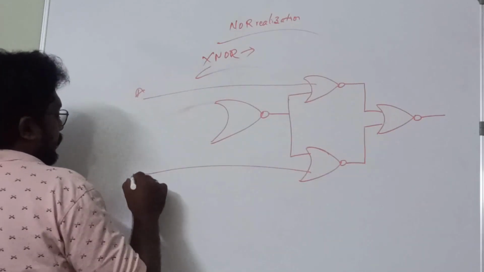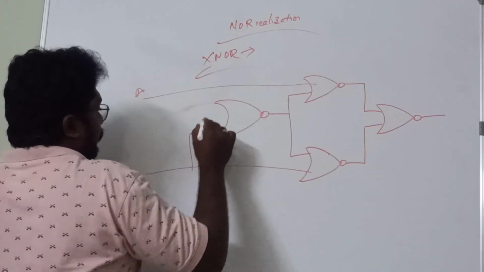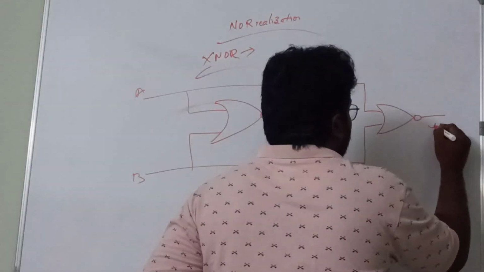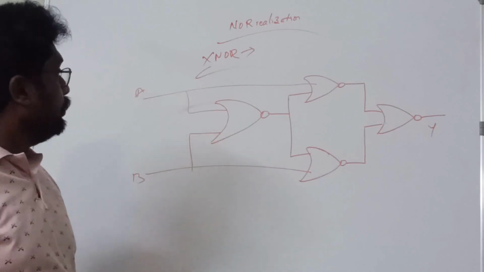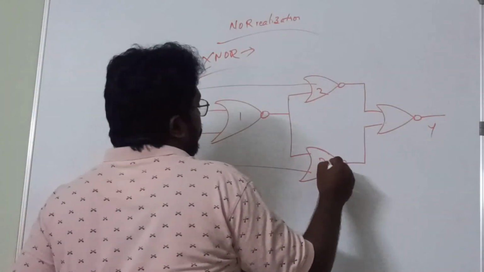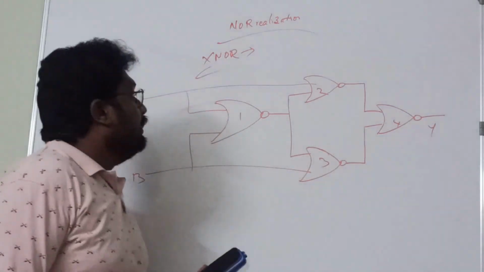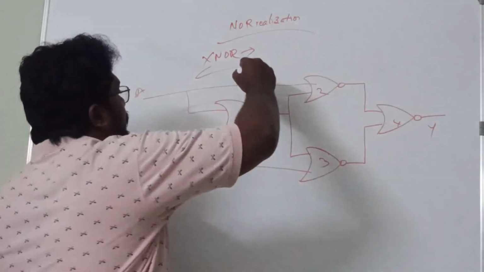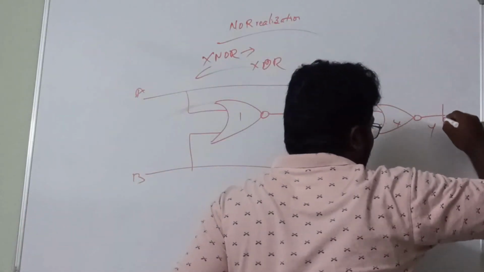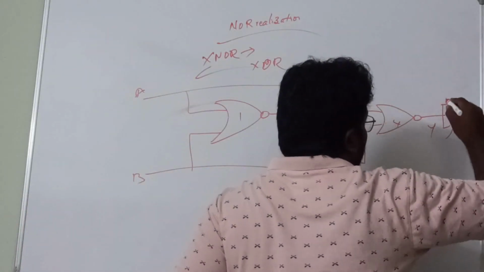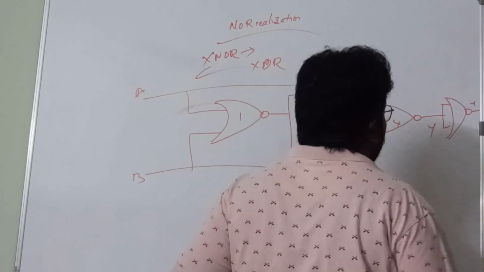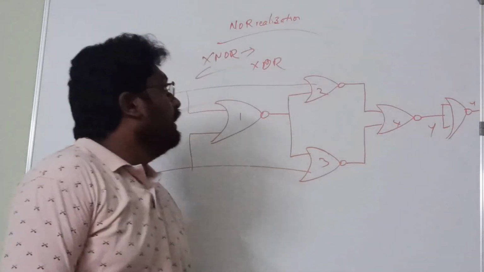Input A, input B, and finally we are getting the output Y. So to implement an XNOR gate, we need 4 NOR gates, and to get the XOR gate, we just need to add one more NOR gate at the output, and we will be getting the XOR gate.